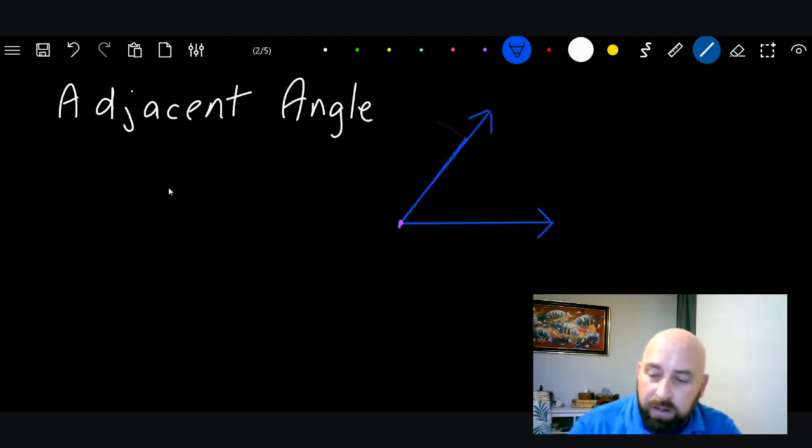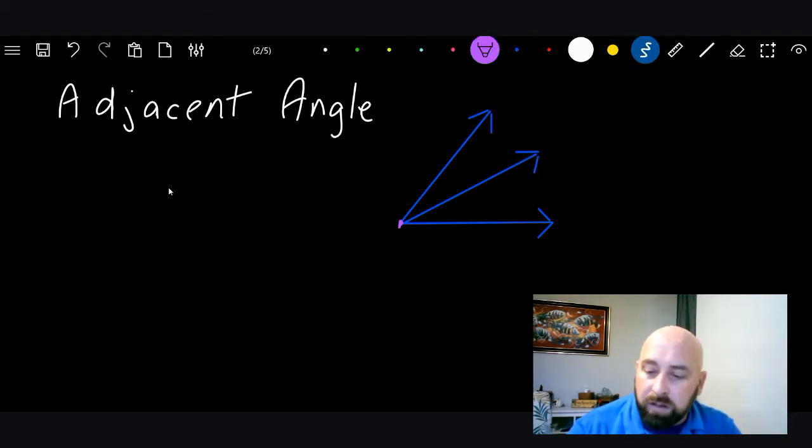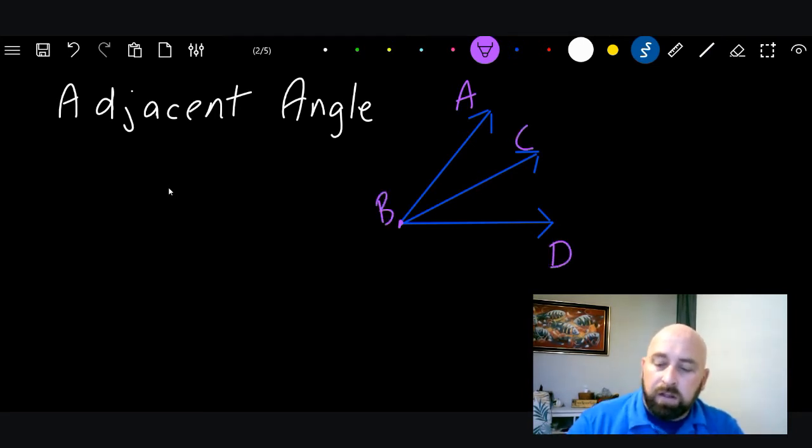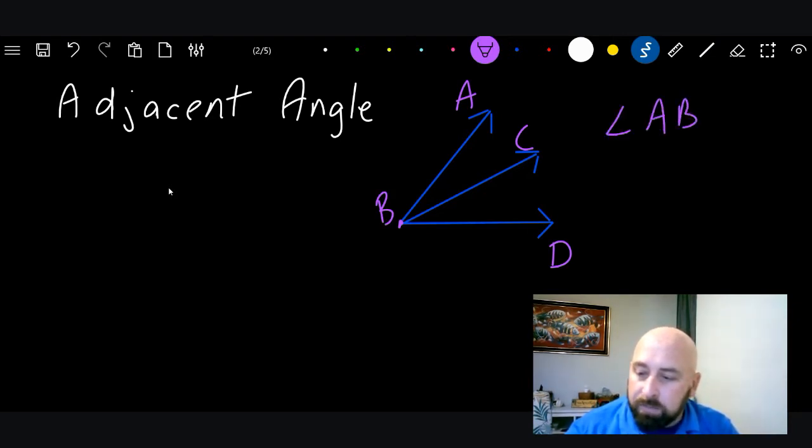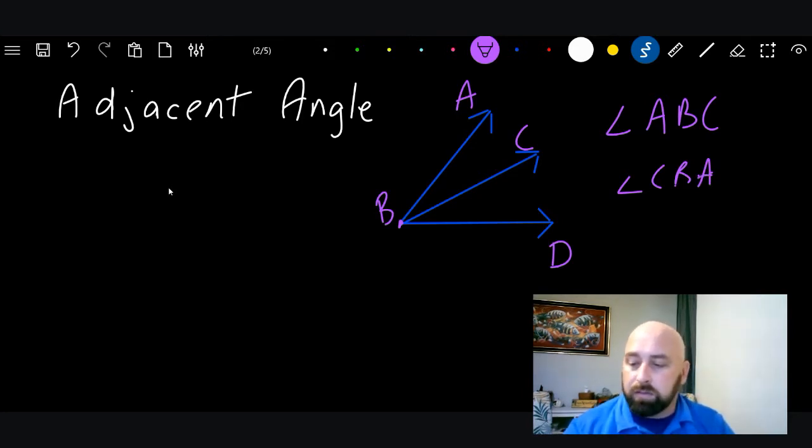It can even be out here, can be down here, but the idea is that you have a third side here. And so we could label this A, B, C, and D. So angle ABC is adjacent to angle CBD. Those are what's called adjacent angles.